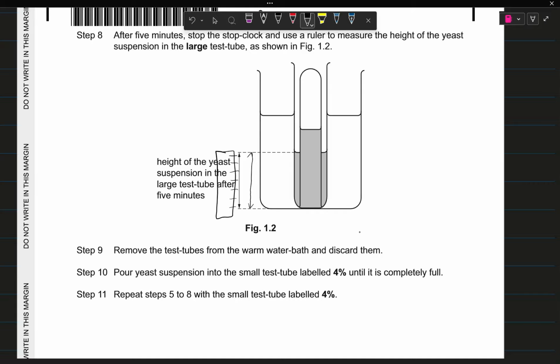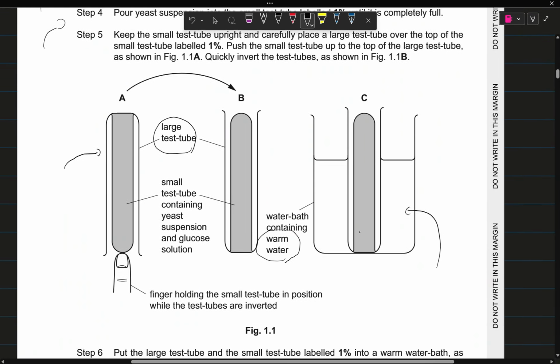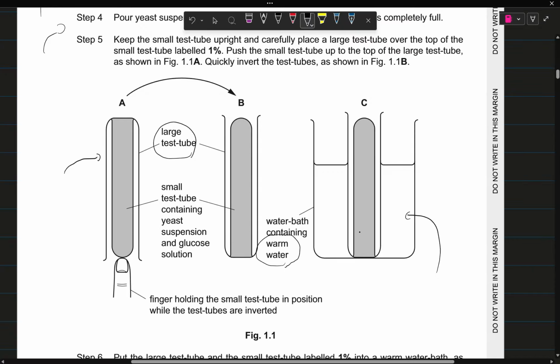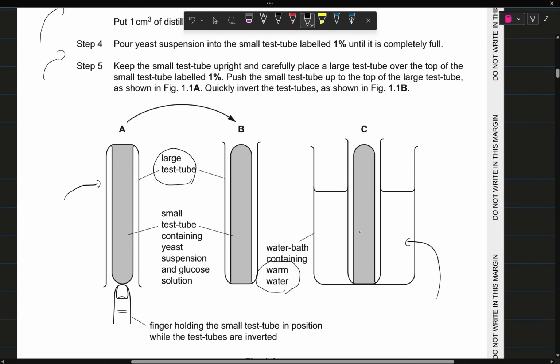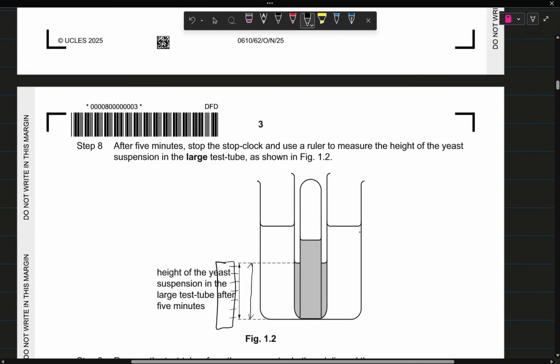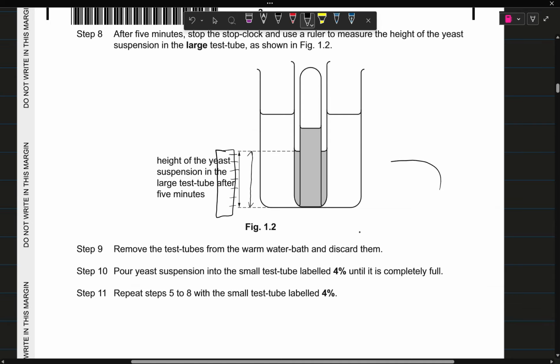So what do we do next? Basically, we remove the test tube from the warm water and completely discard everything. We start from scratch and do the same procedure for the 4% solution, because remember, this whole procedure was only for the 1% solution. So we want to do the same exact thing for the 4% solution, and then we will do the same experiment and get a different reading for what?